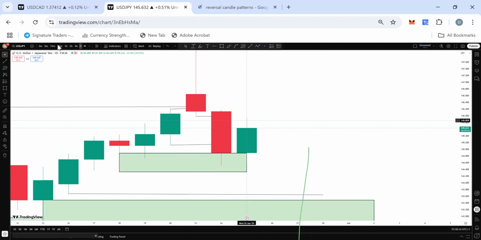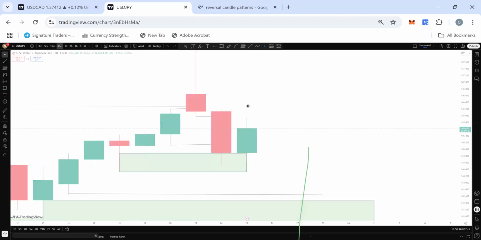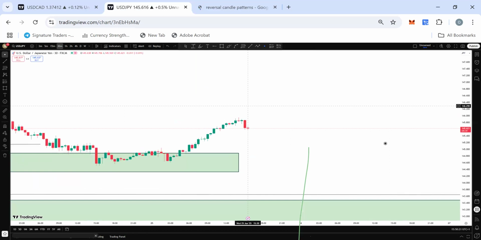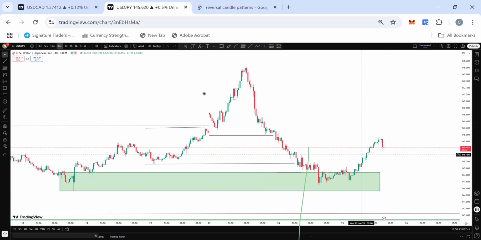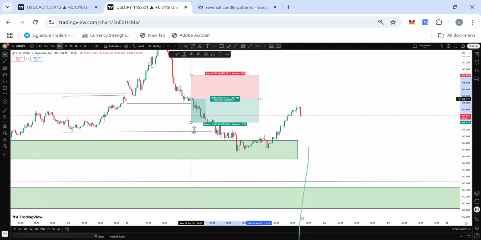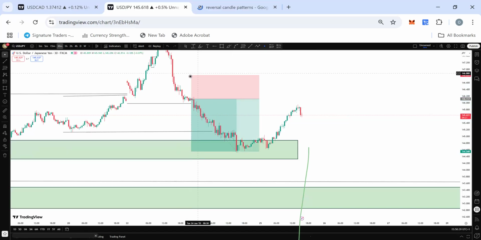So now let's check where market started doing its thing on Wednesday. Market opened around this area. As you can see, market sold from this area down to this other block, about 150 something pips.